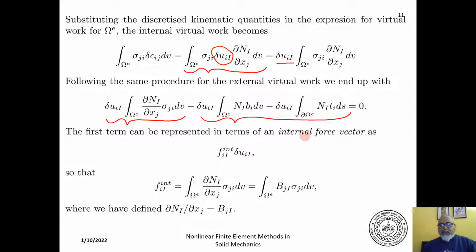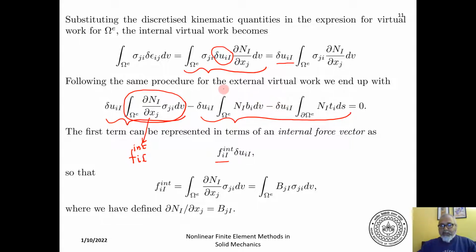You can write the first one as a virtual displacement times a force, which we call the internal force, F ii int, because capital I and small i are the free indices, j is the repeated index.